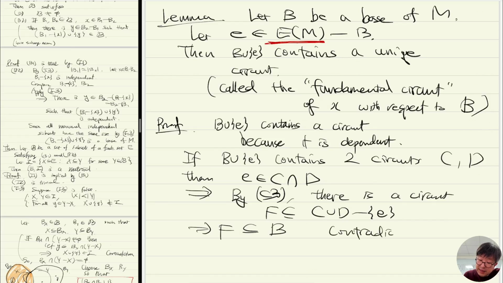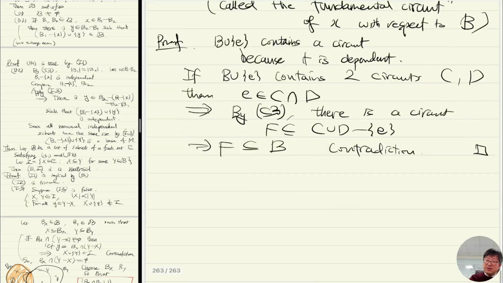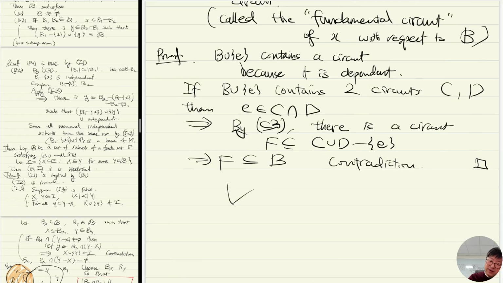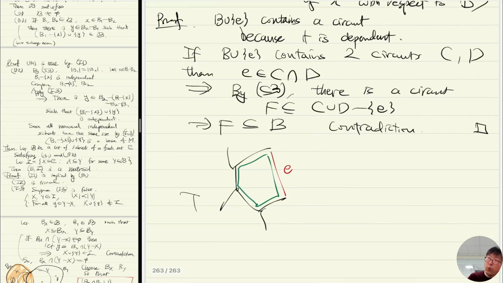B is a base, so it's independent, so an independent set cannot contain any circuit. And what is the fundamental circuit in a graph? If I have a spanning tree and any edge e outside, then this cycle corresponds to the fundamental circuit. And there's a unique cycle. You don't have two cycles. So T plus e has only one cycle, and that is a fundamental cycle.